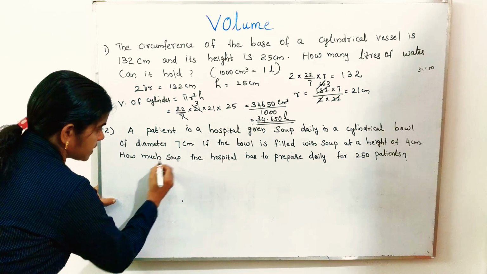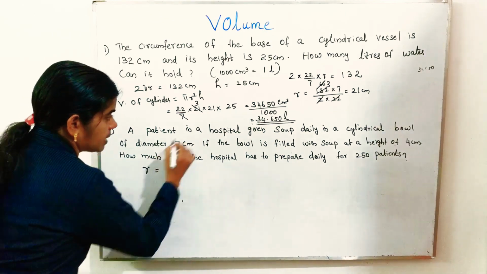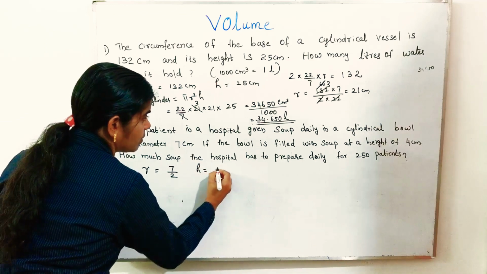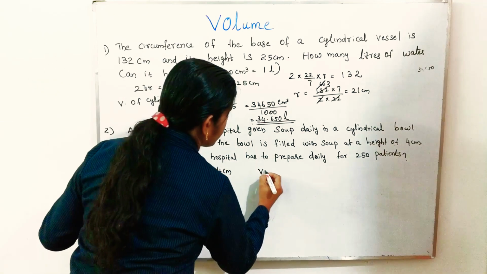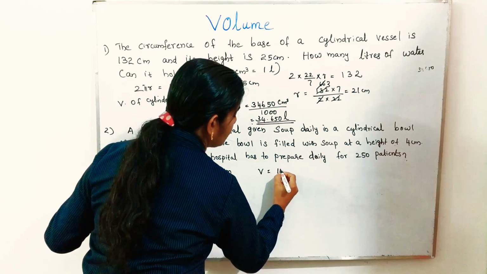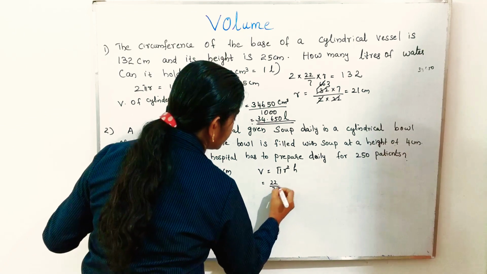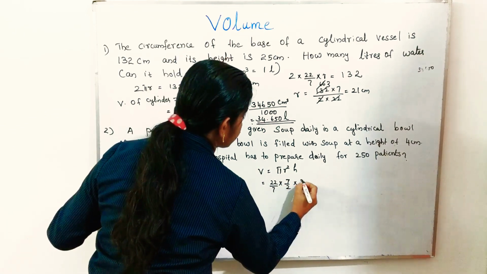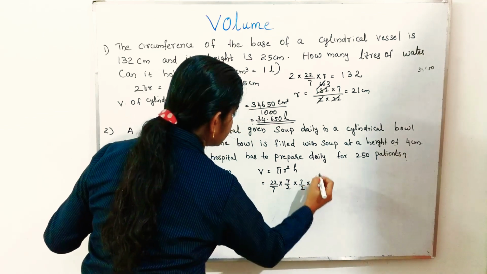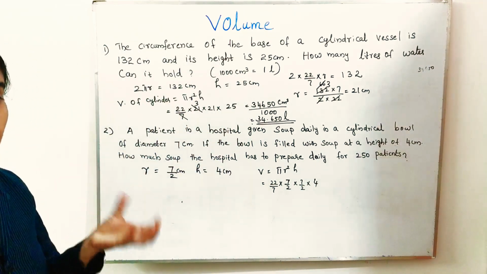Diameter is given as 7 centimeters, so radius will be 7 by 2. Then h is given as 4 centimeter. So the volume of the cylindrical bowl is pi r square h. Then 22 by 7 into 7 by 2 into 7 by 2 into 4 centimeter. This will be the volume of one cylindrical bowl.